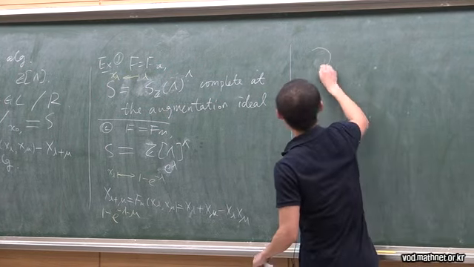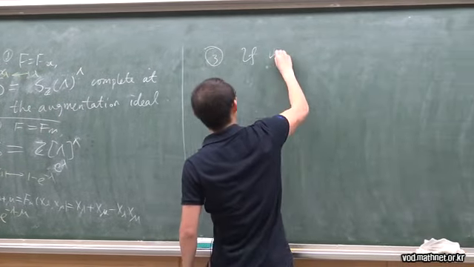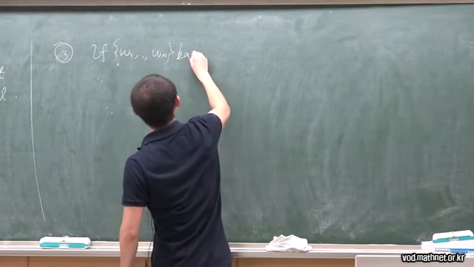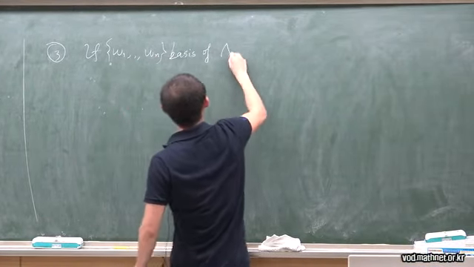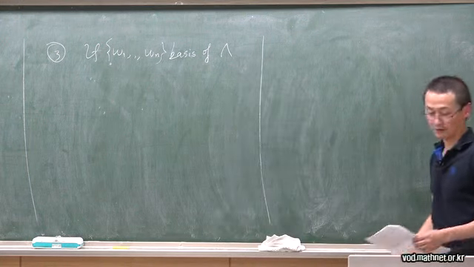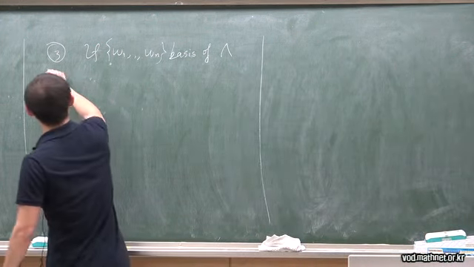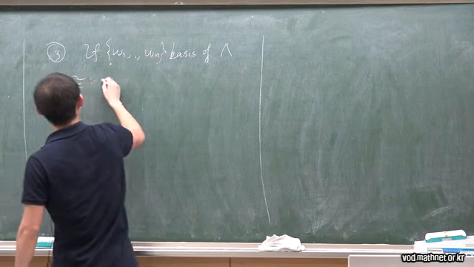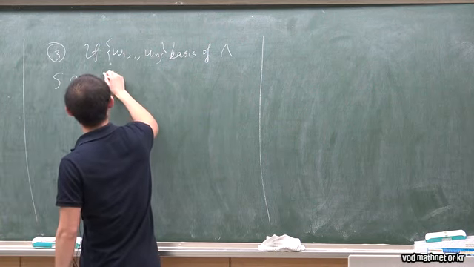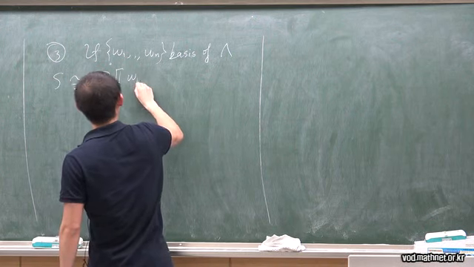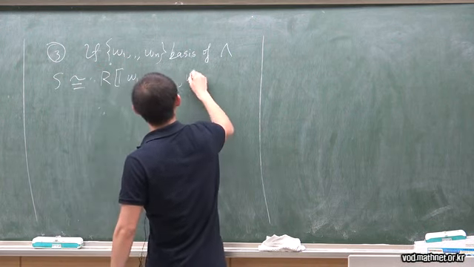In fact, if omega 1 to omega n is a basis of lambda, for instance, you can take the fundamental weights basis, then S is isomorphic to R double bracket omega 1, omega 2, ..., omega n.